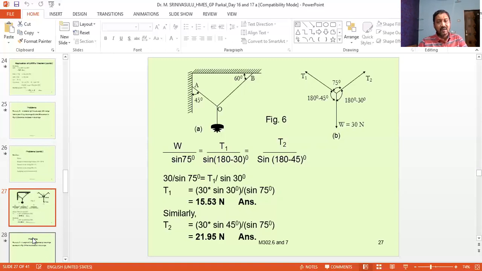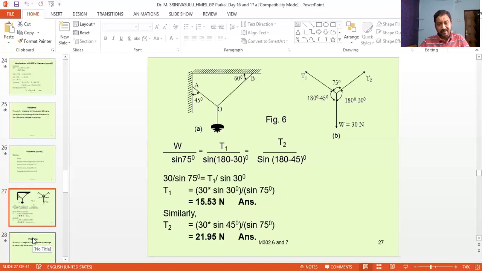Next, if we take the angle between OA and W, if you draw an imaginary vertical line at point O, what is happening? The total angle will be 180.